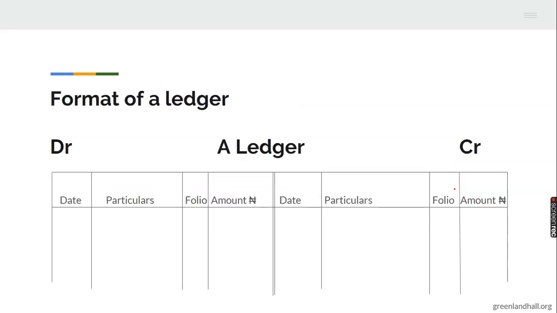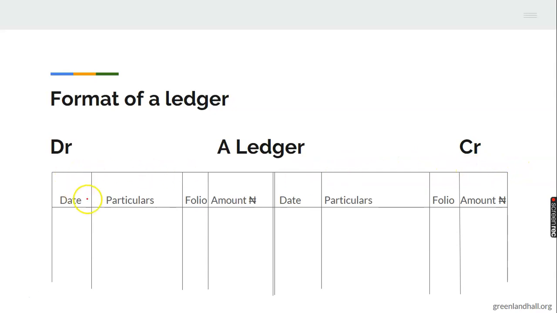The format of a ledger. A typical ledger appears as shown here. We have the debit side, and then we have the credit side. The debit side starts from here to this point, while the credit side starts from here to this point.